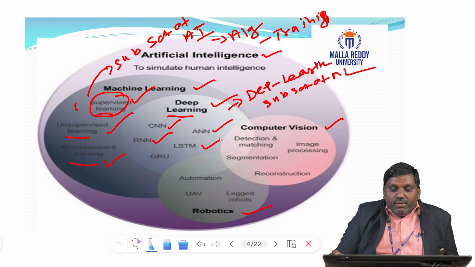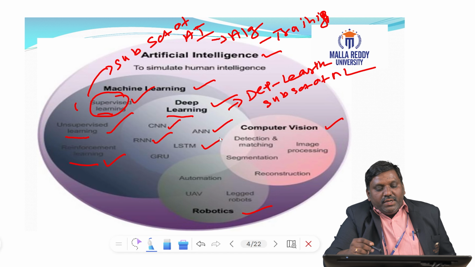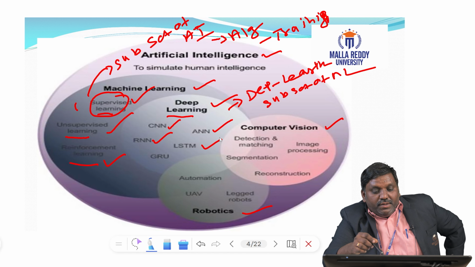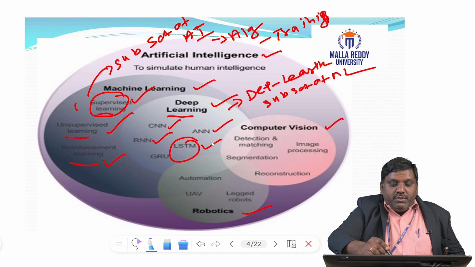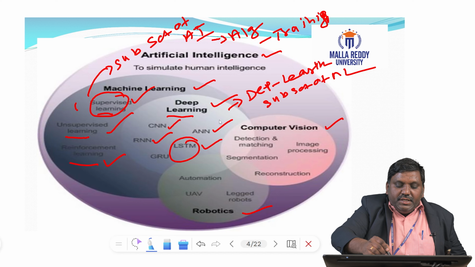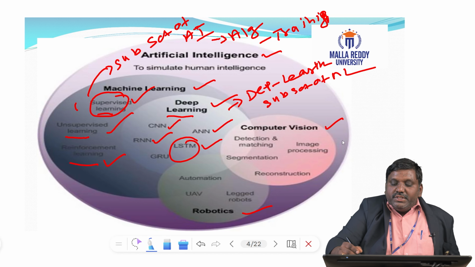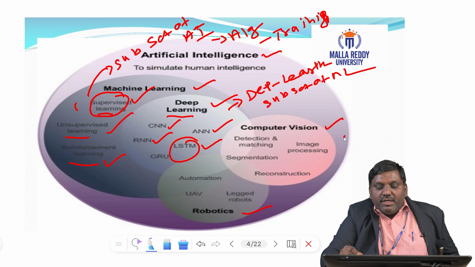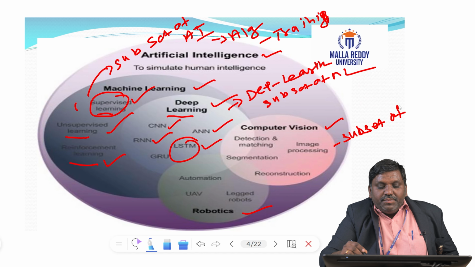CNN means convolutional neural network, ANN means artificial neural network, and RNN means recurrent neural network. LSTM means long short-term memory. We include all those concepts in the deep learning model. Then, coming to computer vision, it is a subset of deep learning.